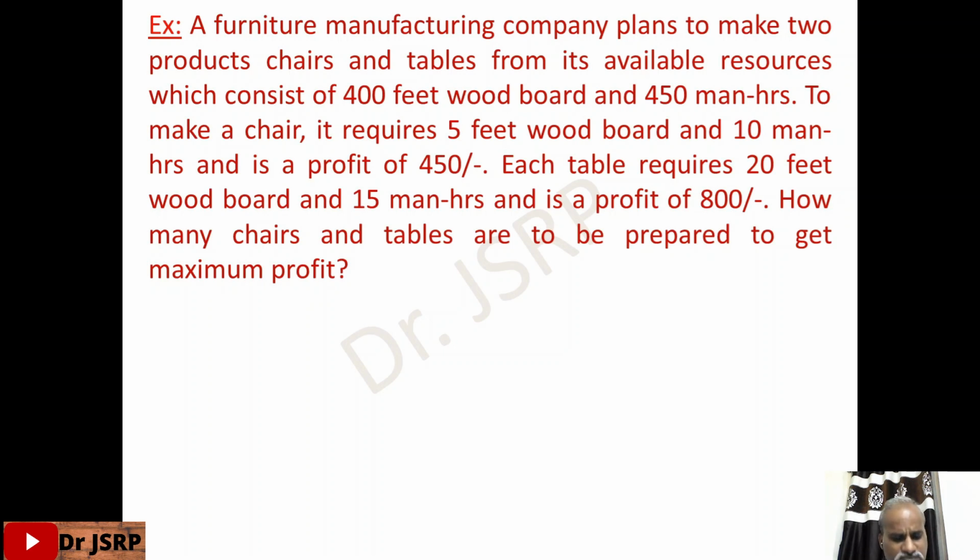First we have to convert this problem to a mathematical model. Only then are we able to solve the problem. To convert this to a mathematical model, the first step is to identify what we have to find in the problem. These are called decision variables.